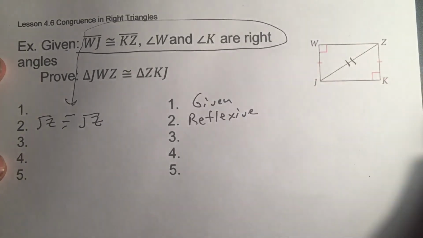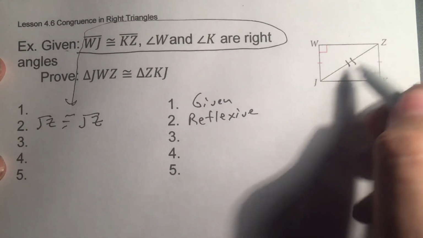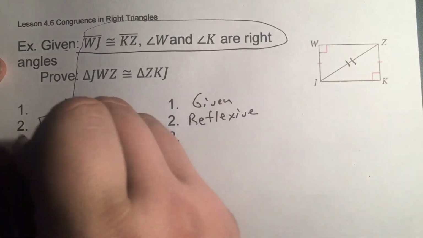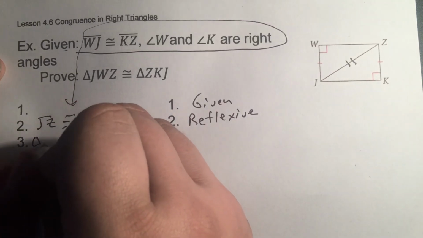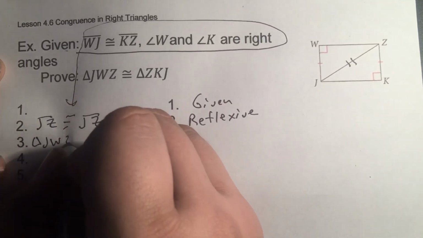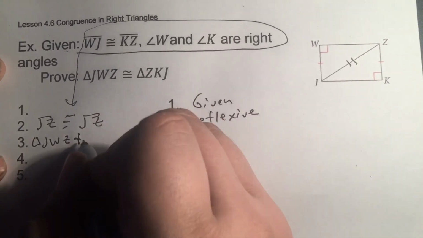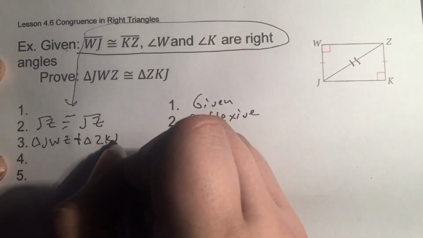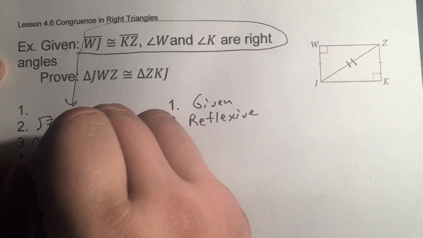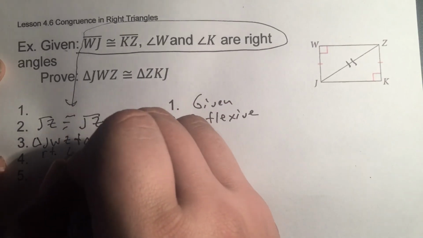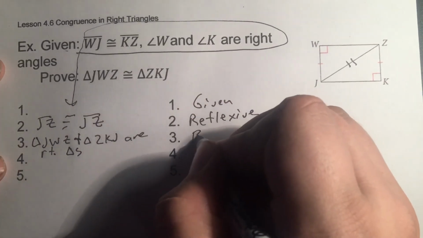So if I mark that, right now we have our legs, we have our hypotenuses. So the one thing we gotta say is that triangle JWZ and triangle ZKJ are right triangles by definition.